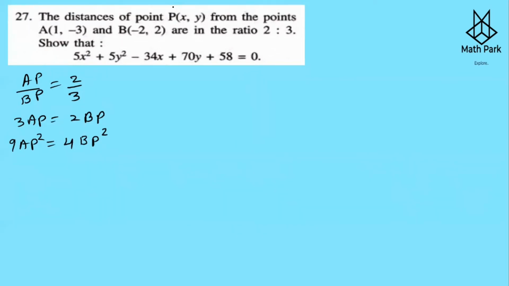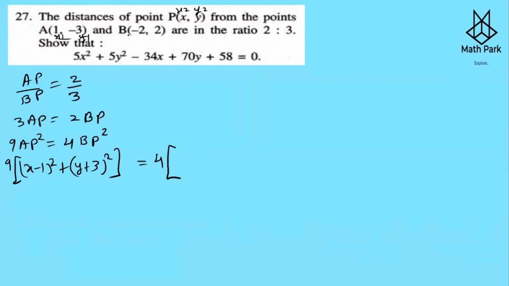If I take this as x1, y1 for AP, so I get 9 in bracket AP square. This is my x2, y2. So this is x minus 1 the whole square plus y minus of minus 3, that is y plus 3, the whole square. So done with AP square, is equal to 4 BP square.